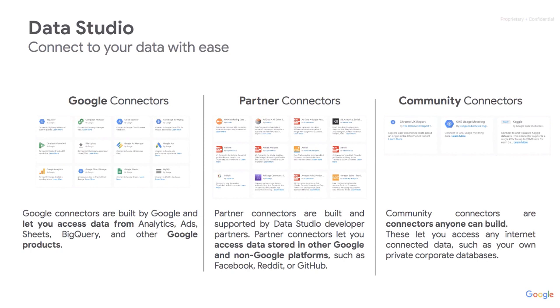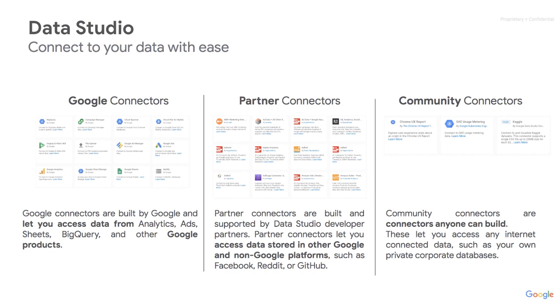And how can you interact with Data Studio? You can use 3 ways. You can rely on Google connectors, which are built by Google to let you access data from Analytics, Ads, Sheets, BigQuery, and all the other Google products.